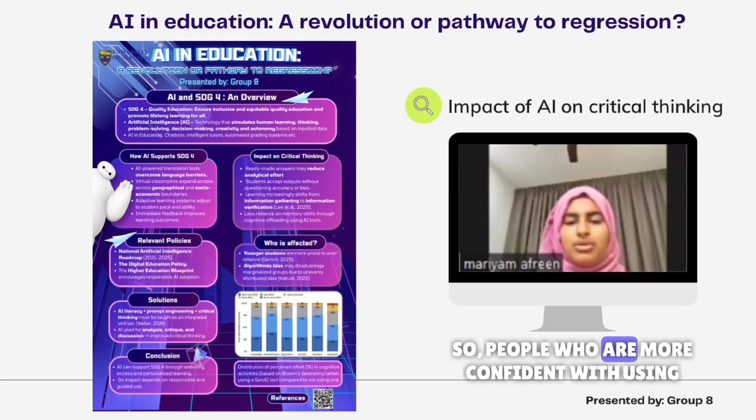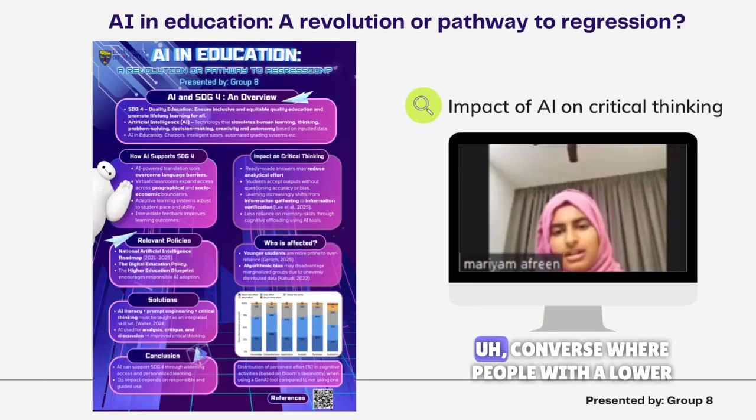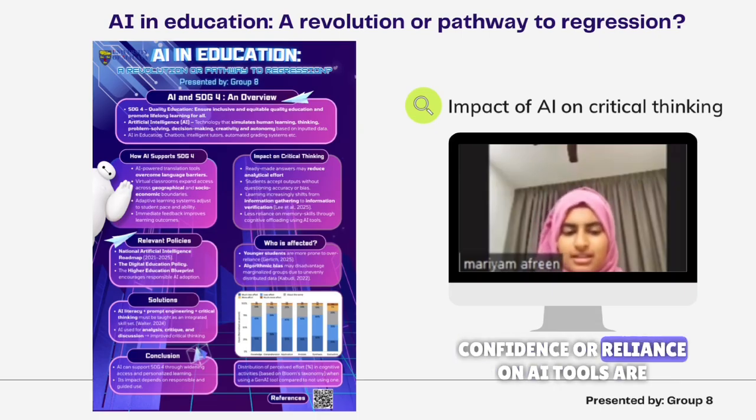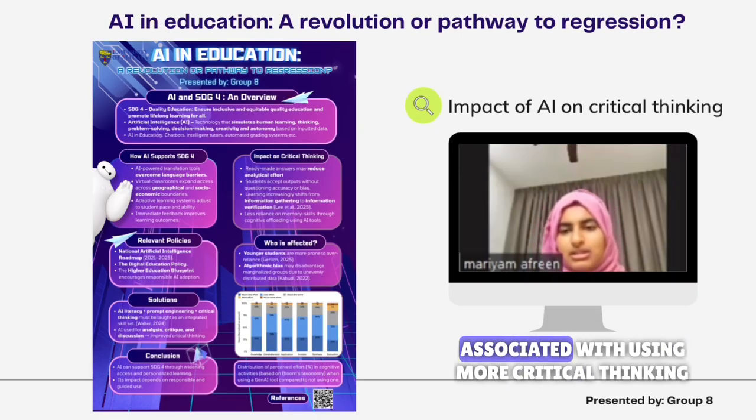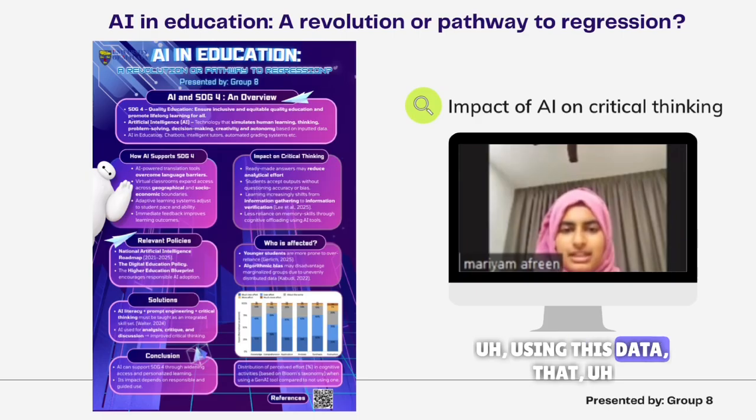So people who are more confident with using AI tools tend to report a lesser degree of critical thinking, as compared to the converse, where people with a lower confidence or reliance on AI tools are associated with using more critical thinking.